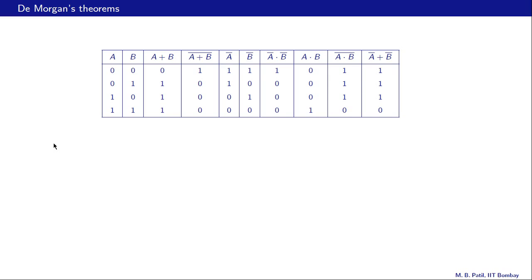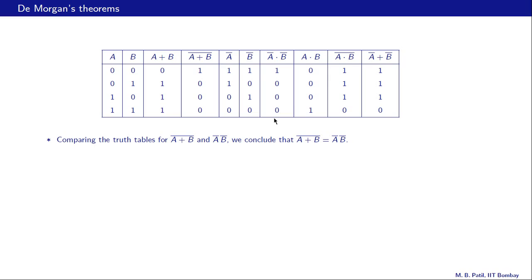Alright. Now let us look at these columns and figure out the equivalence of some of these columns. And that will give us De Morgan's theorems. For example, comparing the truth tables of A plus B whole bar, which is here, and A bar and B bar, which is here, we conclude that these two are the same. This column is 1 0 0 0.